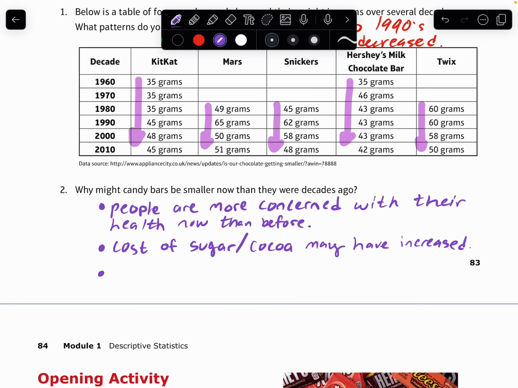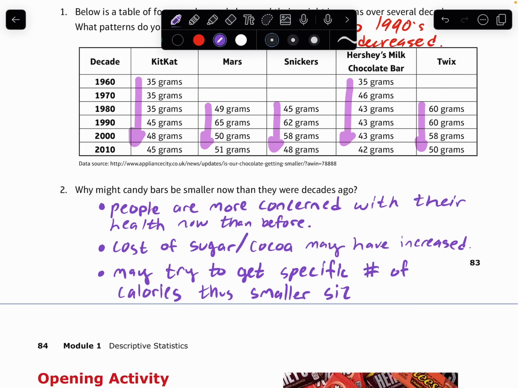And then the last thing I came up with was that companies may try to get a specific number of calories, thus a smaller size. So these are the 3 reasons I came up with. Feel free to put more, but please copy all of this down.